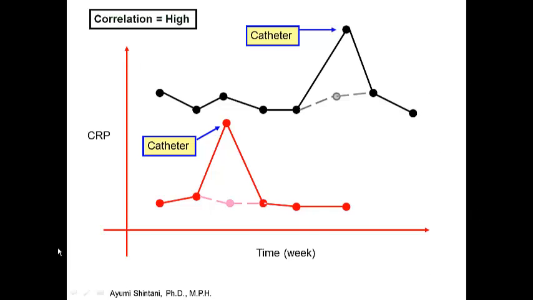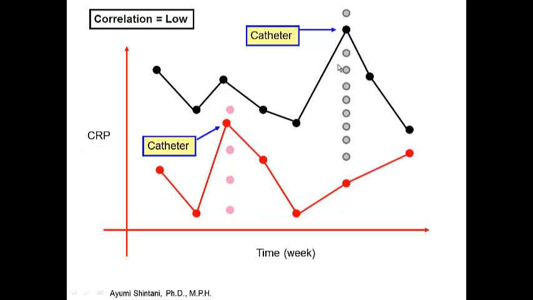Let's think about why you thought there is no association with this data but there is association with the other data. Within this patient, CRP is stable and similar, and only when the catheter was placed did it increase. The same holds for the other patient. Here the amount of increase in CRP is actually the same at this point and that point.